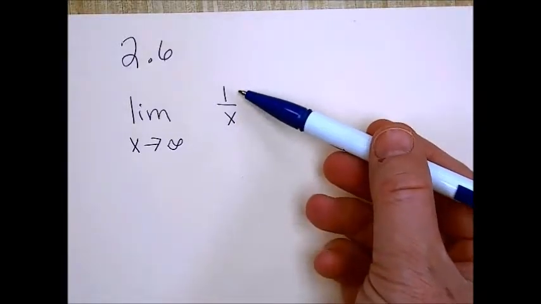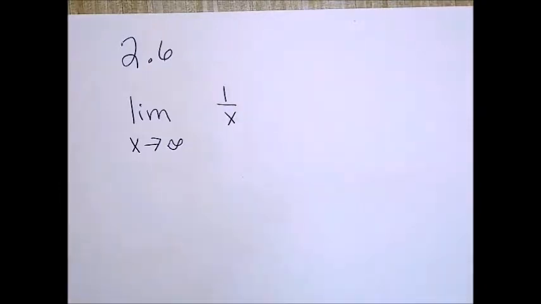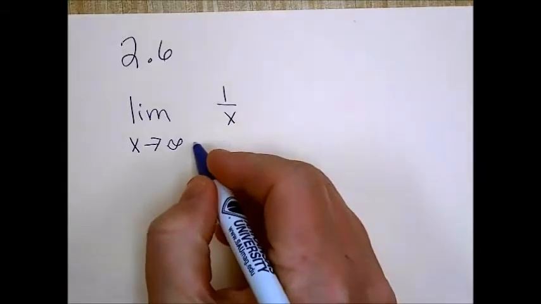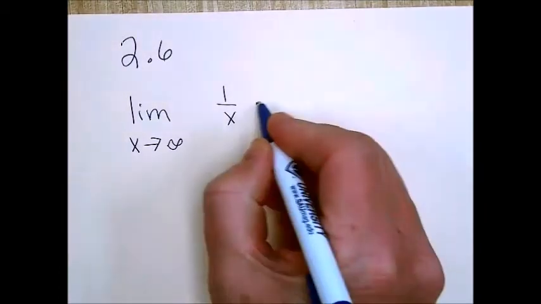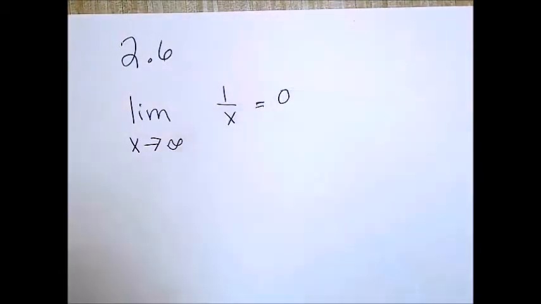When you divide 1 by a very large number, it's going to be extremely small. So as x approaches infinity, the limit is going to approach 0. Now, it's never going to actually be 0, but it's going to get very, very close to 0.